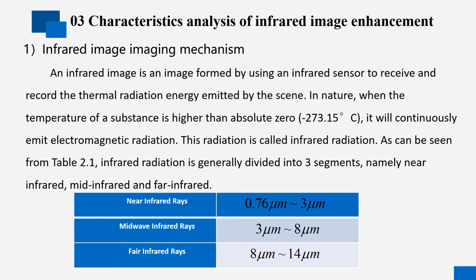It can be seen from the table below that infrared radiation is generally divided into three segments, namely near infrared rays having a wavelength range from 0.3 to 3 micrometers, mid-wave infrared rays having a range from 3 to 8 micrometers, and far infrared rays having a range between 8 to 14 micrometers.